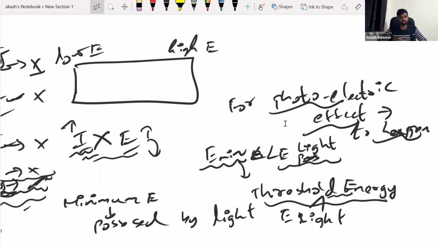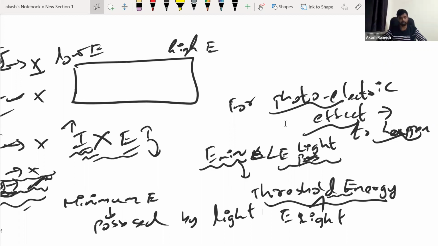It is the minimum energy which should be possessed by the incoming light radiation in order for the photoelectric effect to happen.